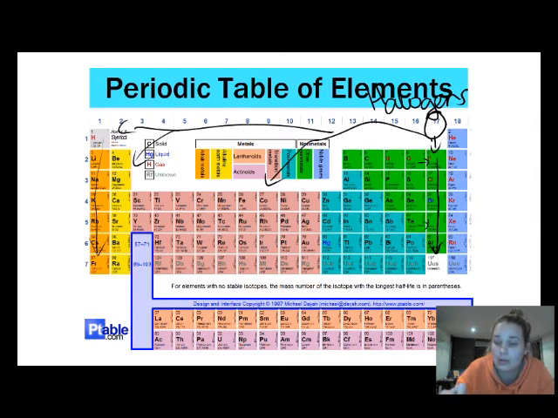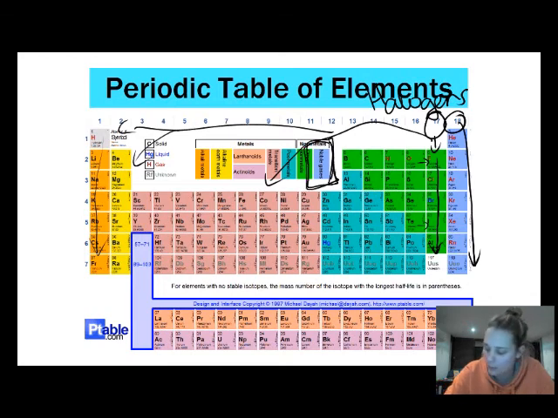The last group that you need to know about is group 18, and these guys are our noble gases. Noble gases have a full outer shell. Remember we talked about going down our periods, the shell on the outside that makes them their biggest is completely full. It can't take any more electrons, it can't get any more negative.